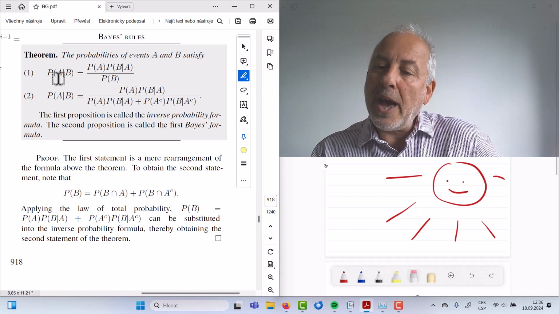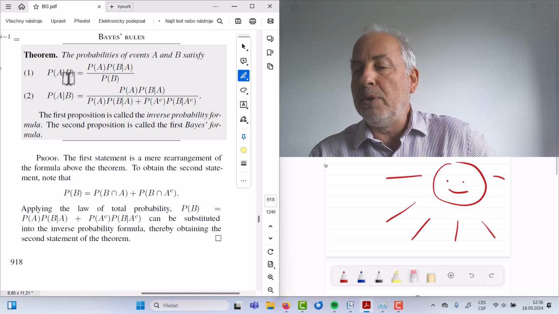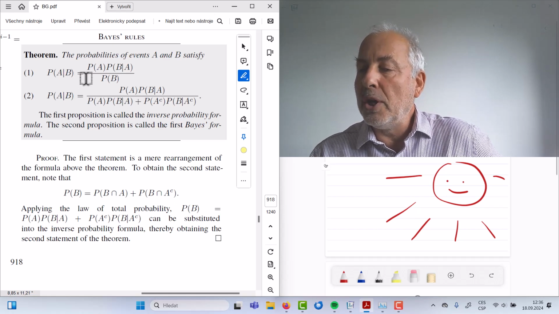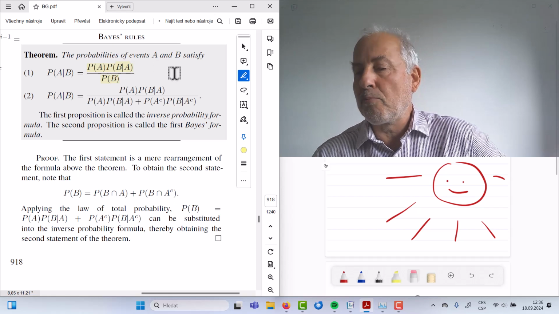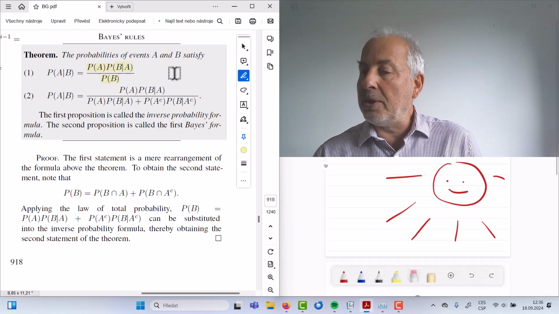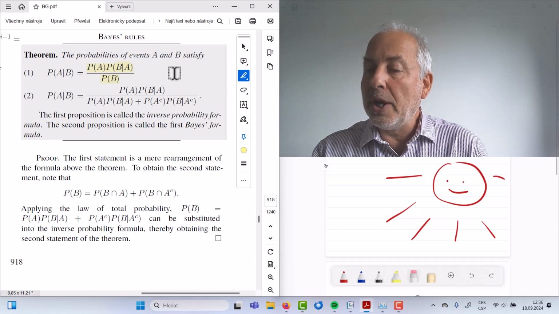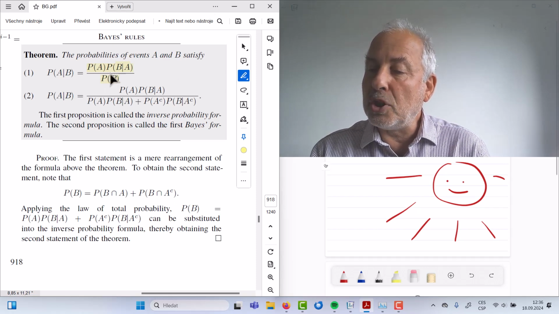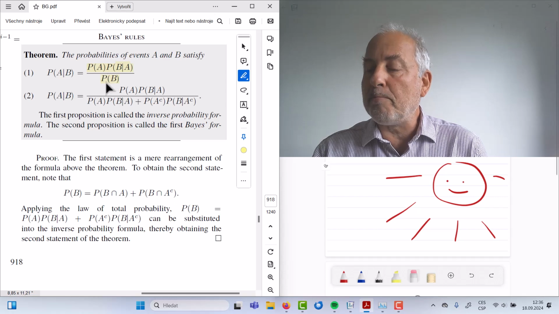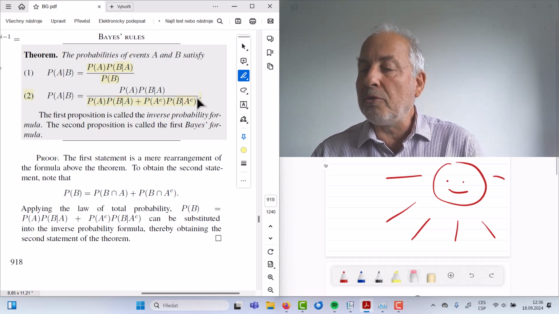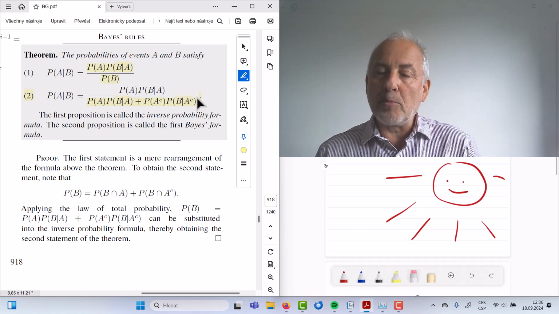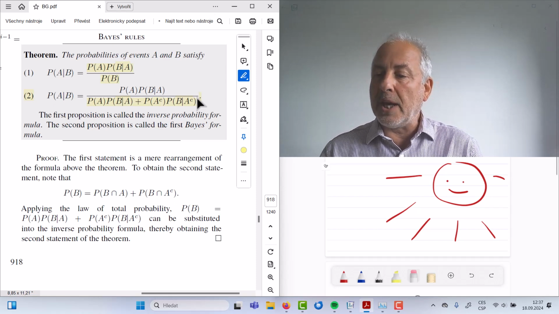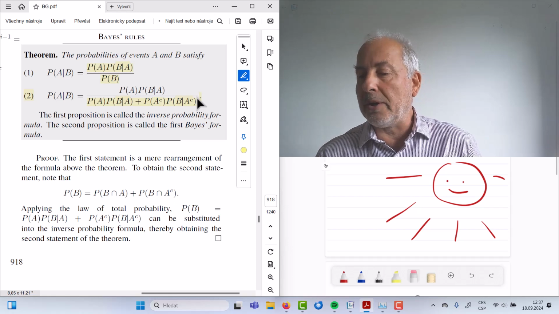So the A appears under the condition of B with the probability which can be computed this way. And this is a very computable thing in many cases, right? And you can also substitute the probability of B with this kind of thing, which is the application of the total probability I mentioned just a second ago. And this is quite a nice thing.